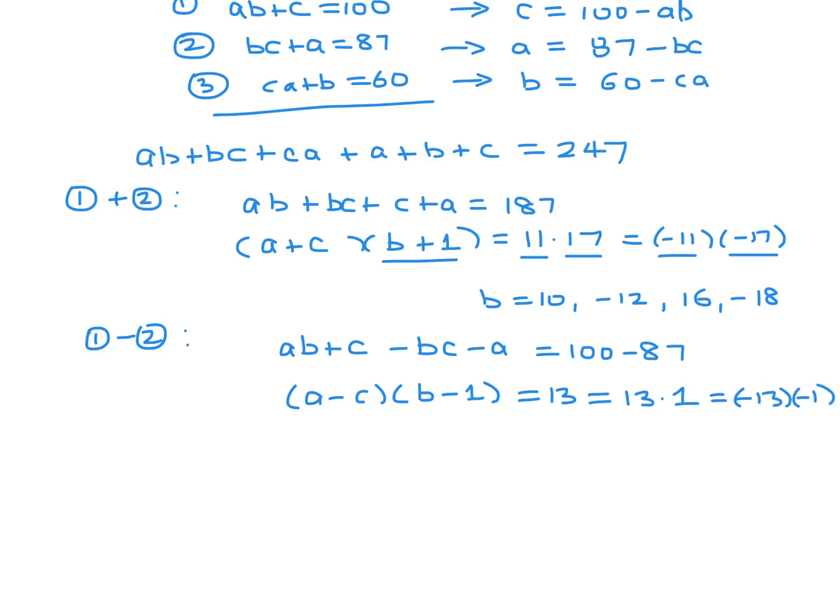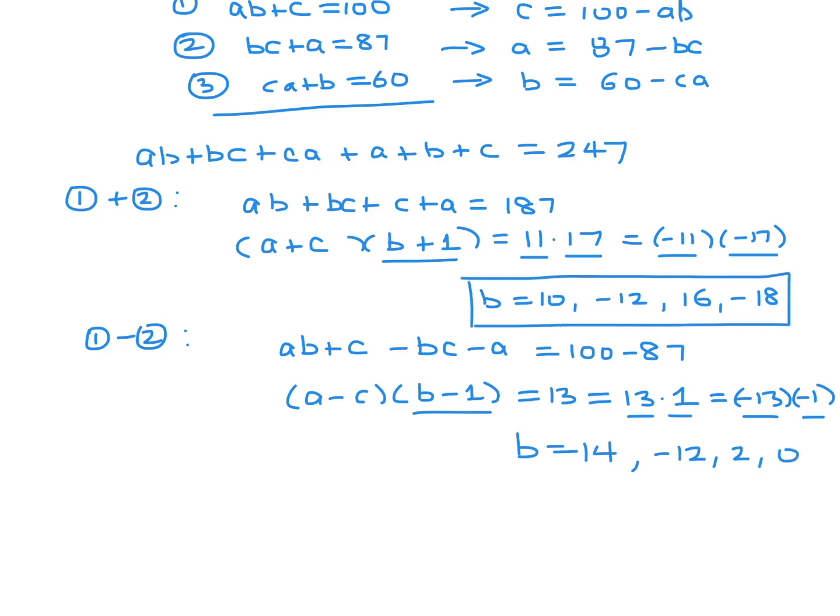Got it? So by the same sort of principle, if you let b minus 1 equal these guys, you'll get values. So for example, if b minus 1 was 13, that means b is 14. If b minus 1 was minus 13, it would be minus 12, and so on, 2 and 0 for the other guys.